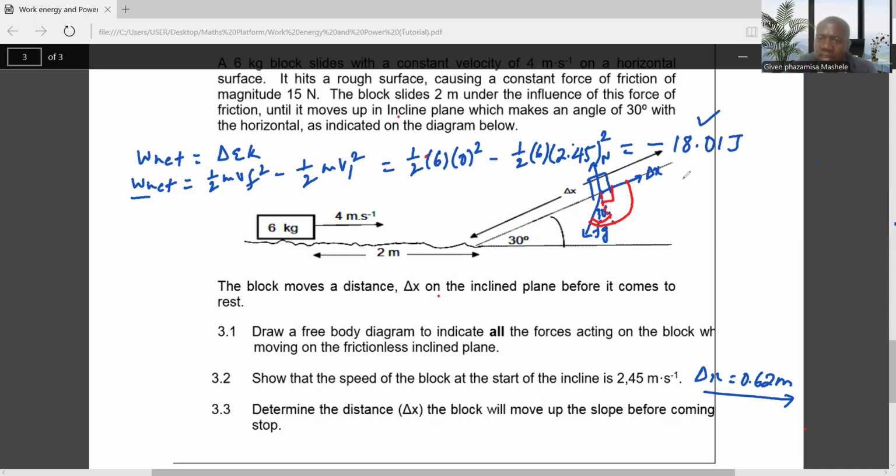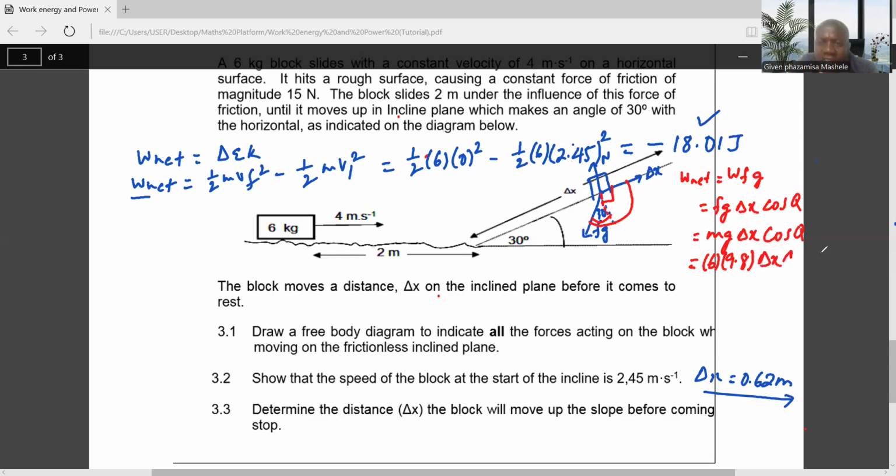So it means the only work net here will be the work done by Fg, because the normal is 0. So it will be Fg delta X cos theta. Fg is mg, so it's mg delta X cos theta. The m is 6, the g is 9.8, but we do not know delta X, which is what we're looking for.